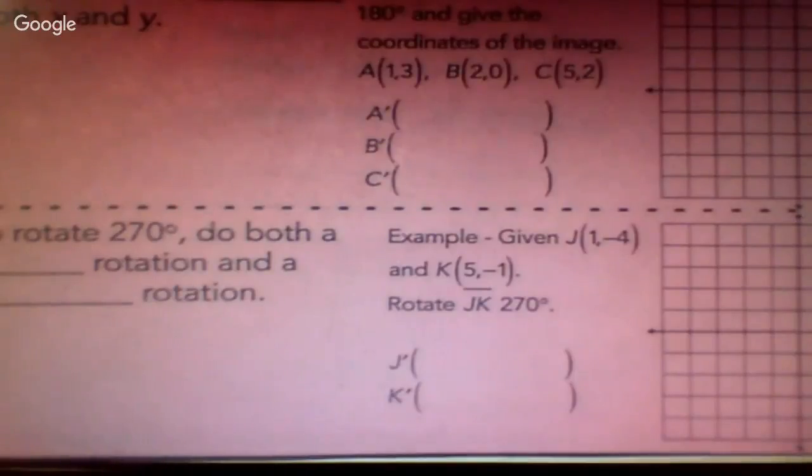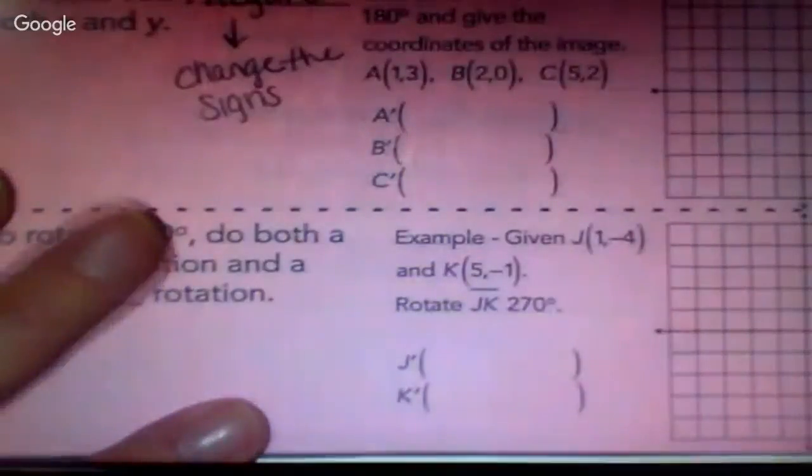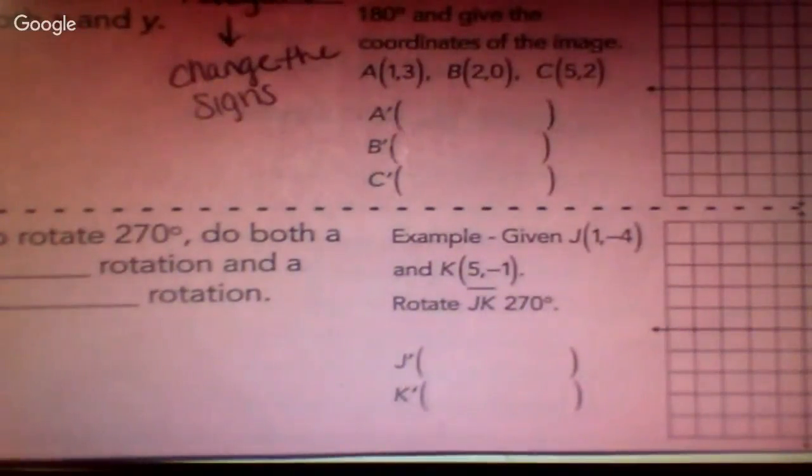To rotate 180 degrees, this is a new word: negate. All this means is change the signs. So every number that is positive will go negative. Every number that is negative will go positive.